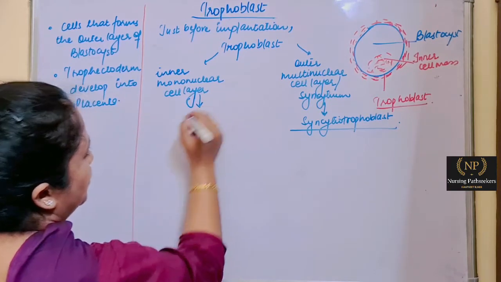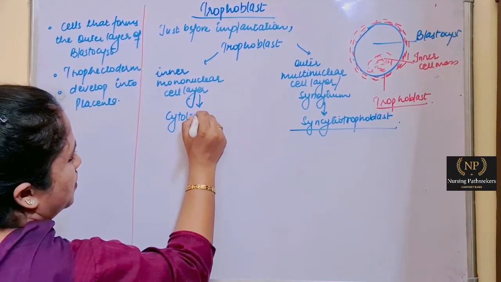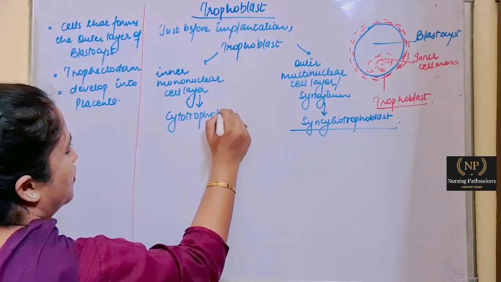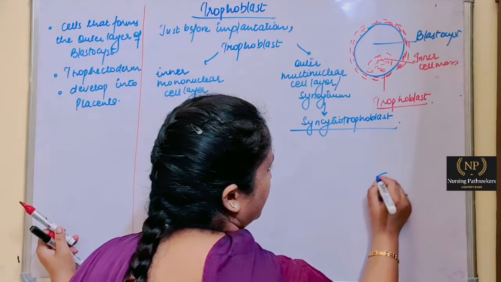Now this inner mononucleated layer is called cytotrophoblast.